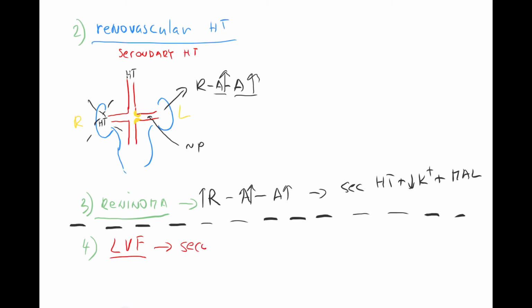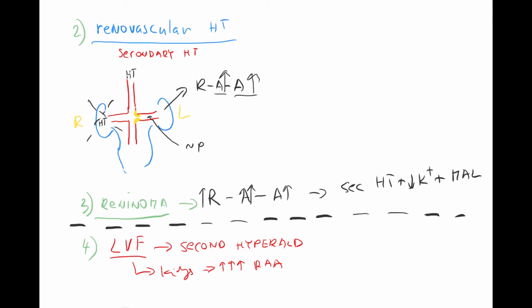again, secondary hyperaldosteronism. So the kidneys are boosting up RA axis. So basically, it's a normal response as you are used to and happens to you all the time.